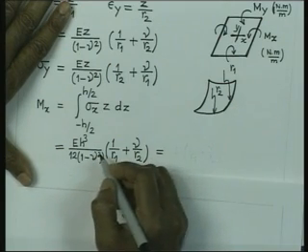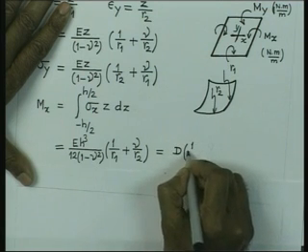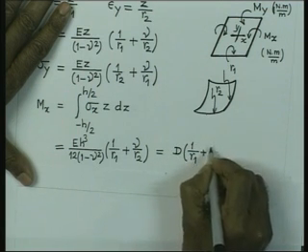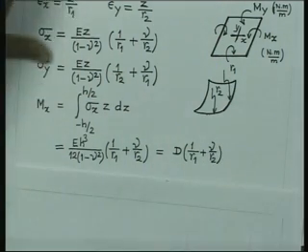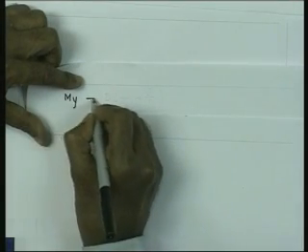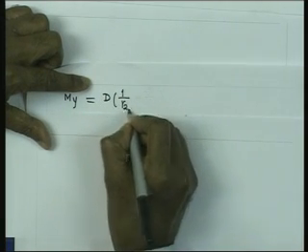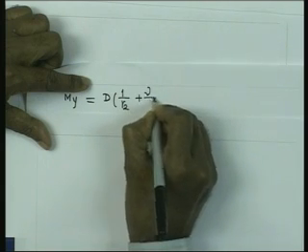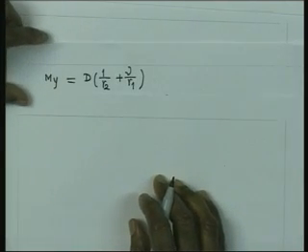If we represent the quantity E h cube by 12 into 1 minus nu square as the modulus of rigidity D, then Mx is D into 1 by R1 plus nu times 1 by R2. And by similar consideration we can write My equal to D into 1 by R2 plus nu times 1 by R1. So, these are the two moment curvature relations.